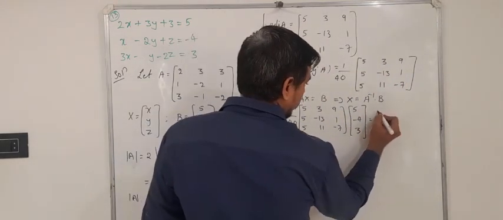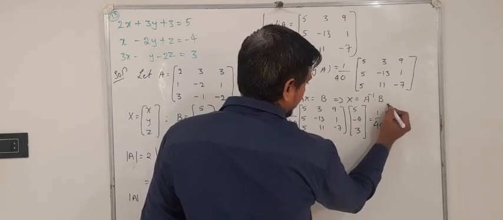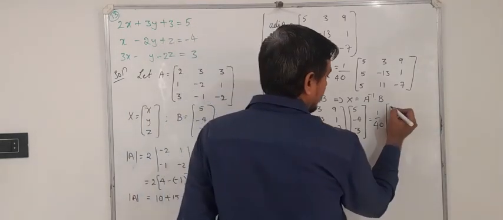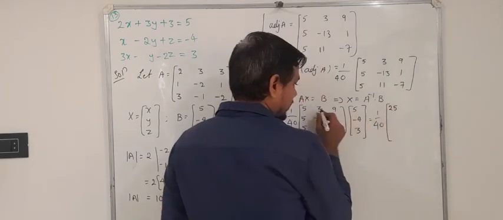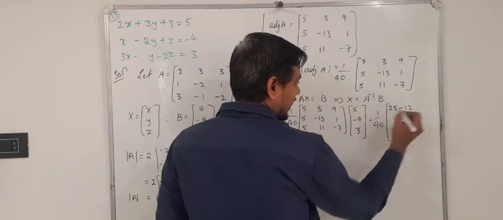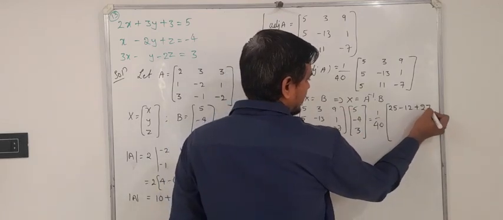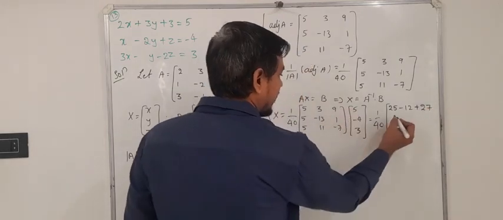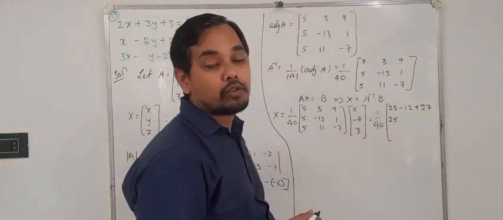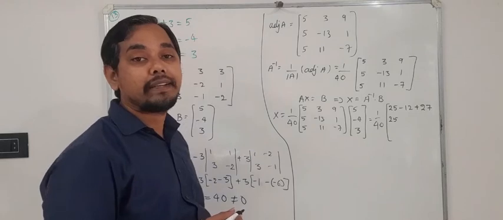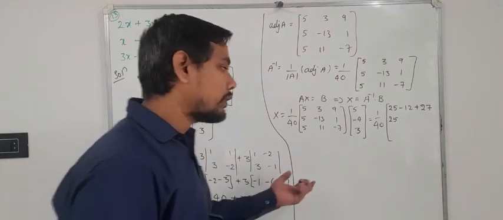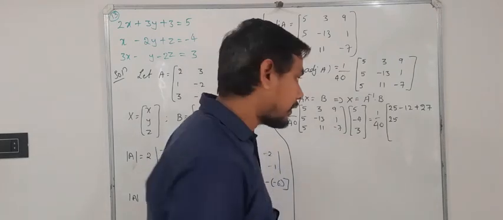So this is 1 upon 40 as it is, right? So 5 into 5 is 25, 3 into minus 4, minus 12, 9 into 3 plus 27, right? 5 into 5, once again 25, minus 13 into minus 4. So minus 13 into minus 4, what do you get? 13 into 4 is 52, right?